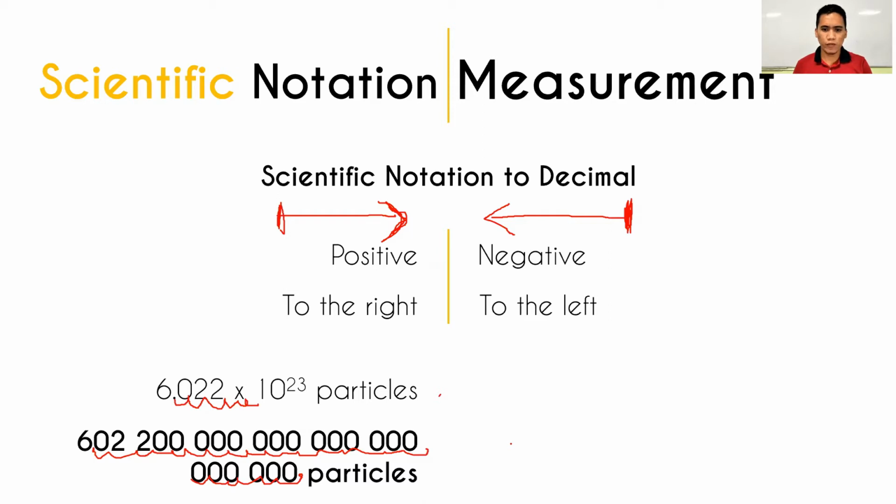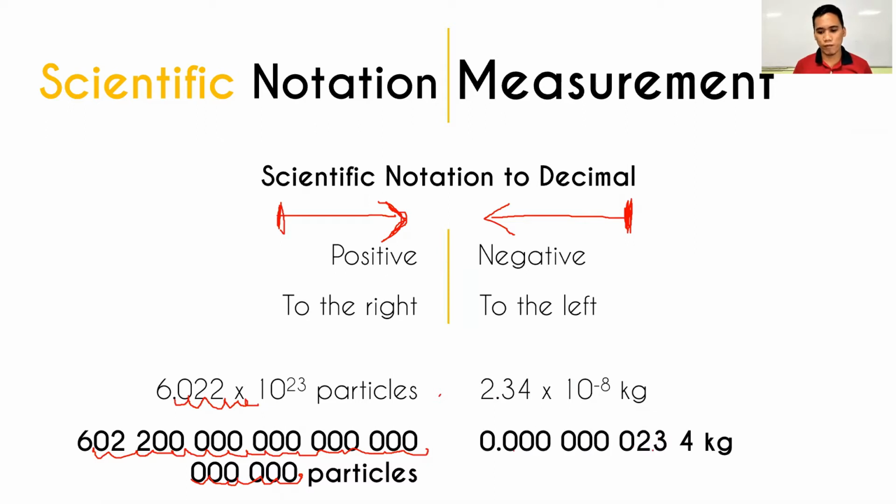Okay, so how about if it is a negative exponent? So we just simply move the decimal point to the left. So from 2.34 times 10 to the power of negative 8, just move 8 places to the left. Okay, so from 2.34, we move 8 places. 1, 2, 3, 4, 5, 6, 7, and 8.